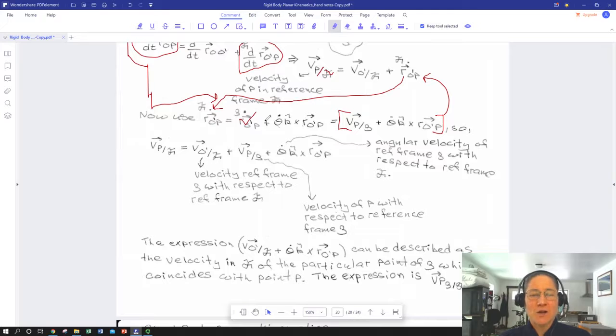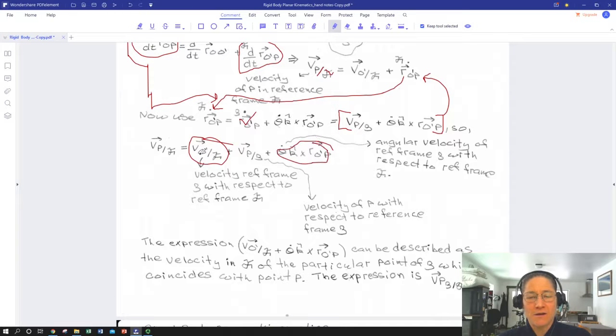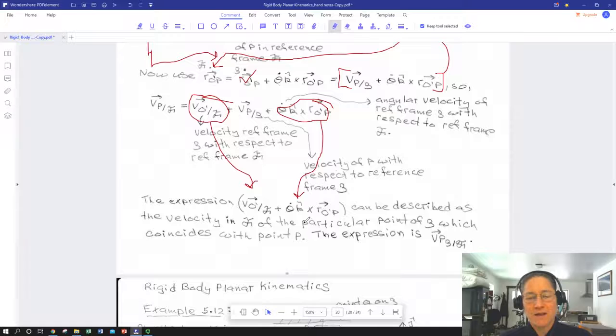And in fact, we're going to take this term and this expression together and look at them as its own particular velocity.